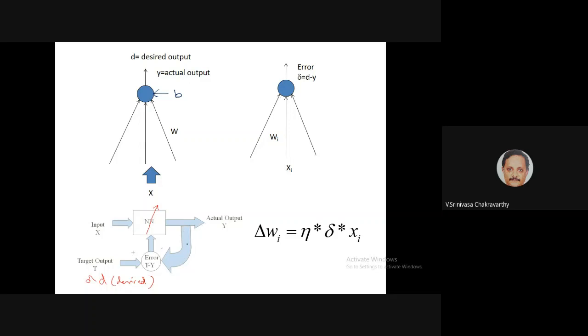Now I compare the actual output of the network with the target or desired output, T, and look at the difference, T minus Y, and this error is then propagated to the network. Then I change all the weights in the network in such a way that next time around, when I give the same input, the output Y will move slightly closer to the desired output. You keep doing it over and over again, and the actual output will slowly tend towards the desired output.